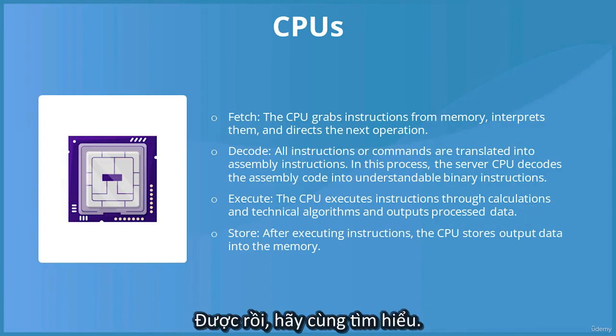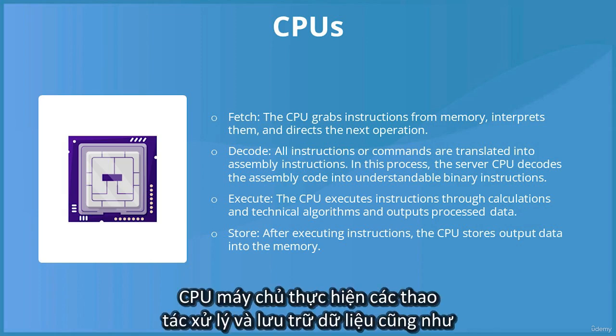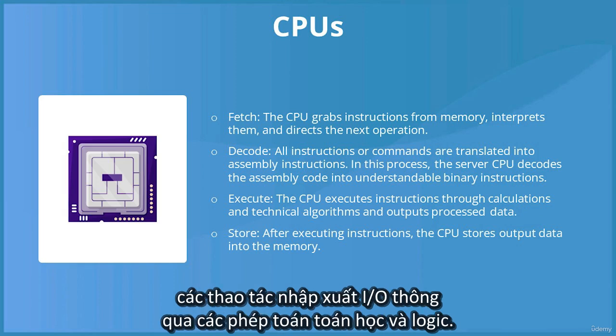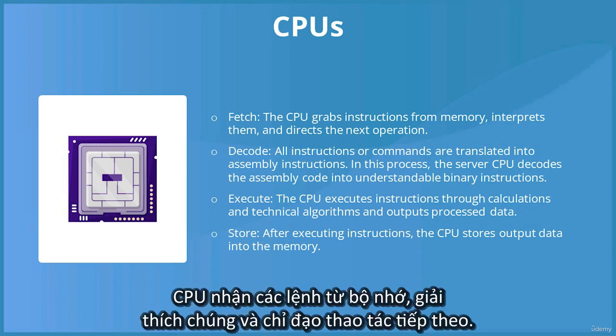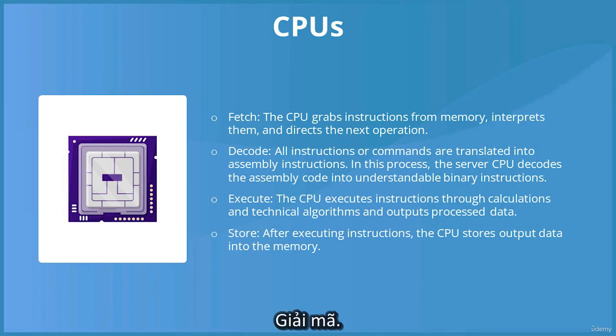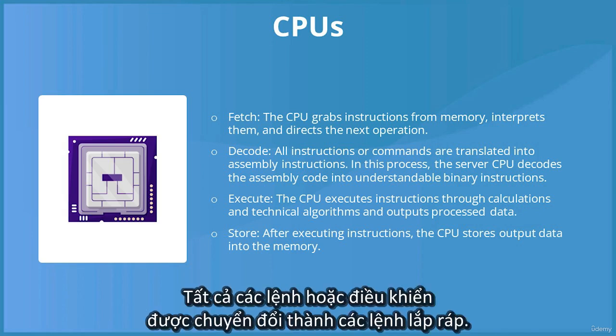All right, so let's dig in. Server CPUs perform data processing and storing operations, as well as input-output I/O operations, by mathematical and logical calculations. These are the four basic steps. Fetch, so the CPU grabs instructions from memory, interprets them, and directs the next operation. Decode, all instructions or commands are translated into assembly instructions.